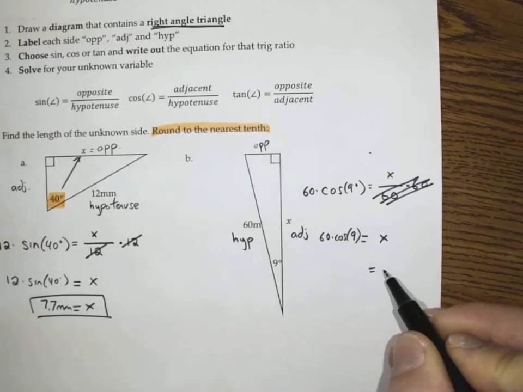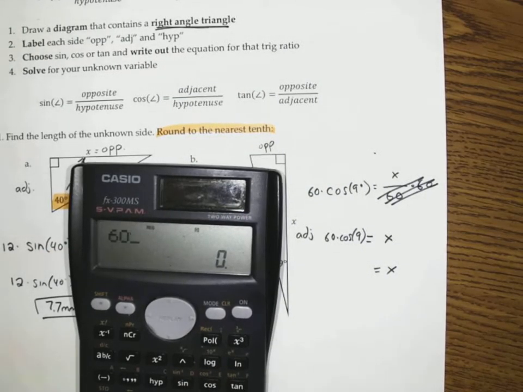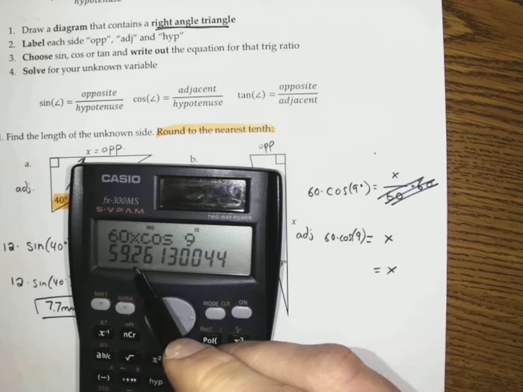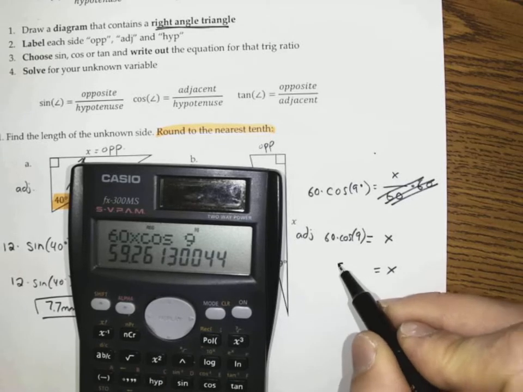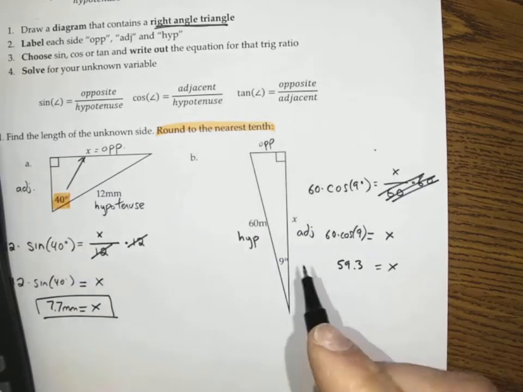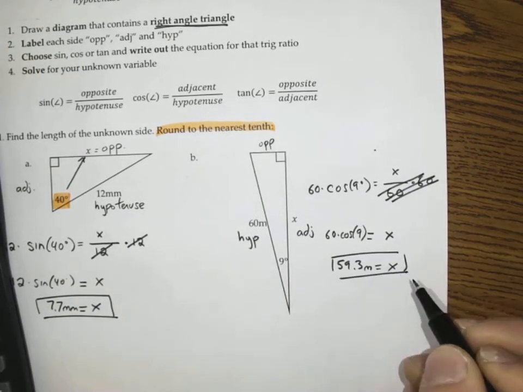Okay, so let's find out how big that is. 60 times cosine 9. So we find that's 59.261, rounded to the nearest tenth. That's going to give 59.3. What are my units? Meters. That's the length of x.